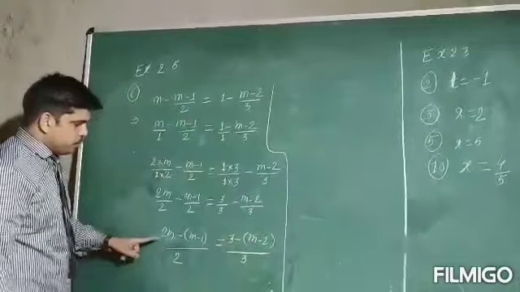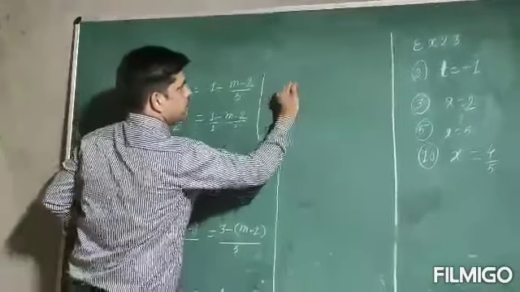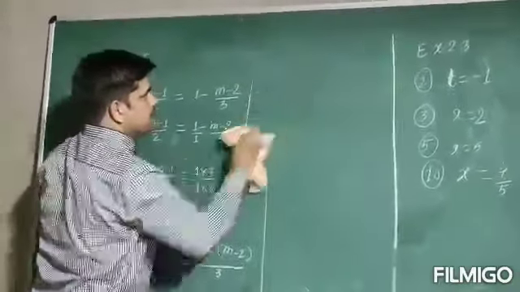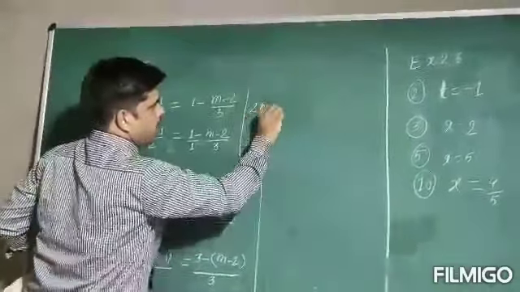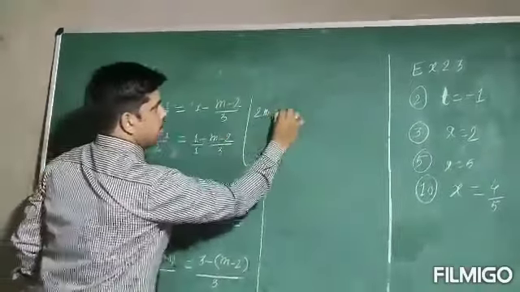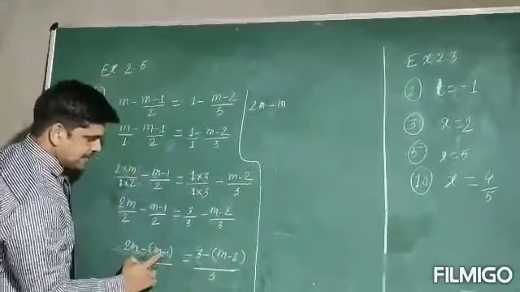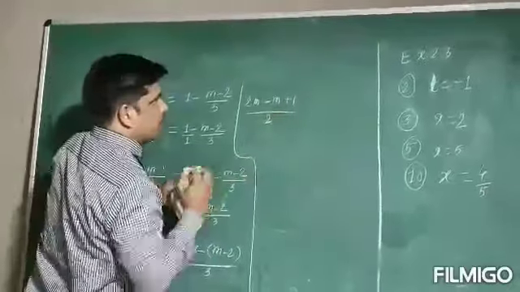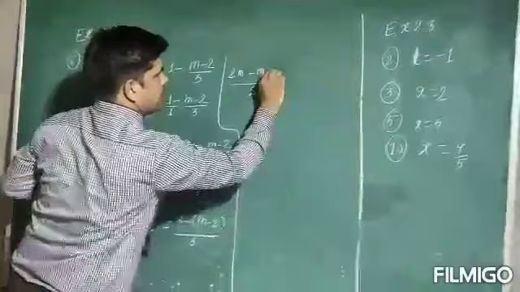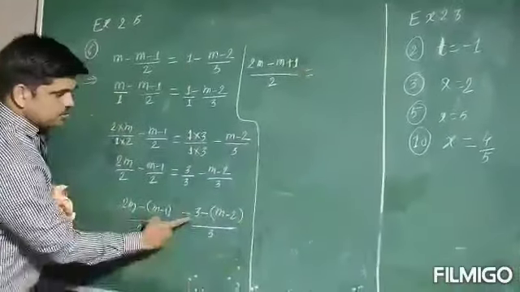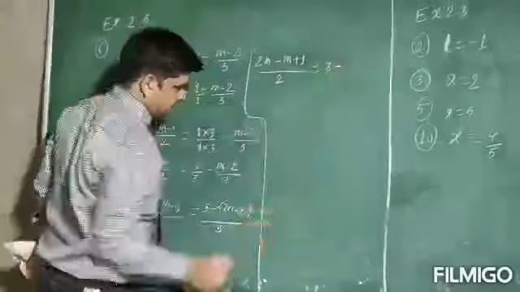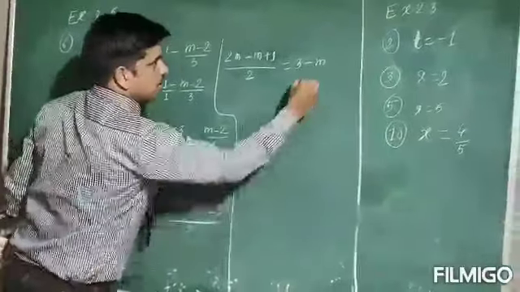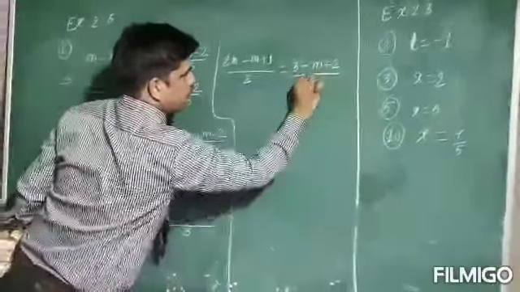Now next, 2m minus, minus into m, minus m, minus into minus 1, plus 1 upon 2, is equal to 3 as it is, minus into m, minus into minus 2, plus 2 upon 3.